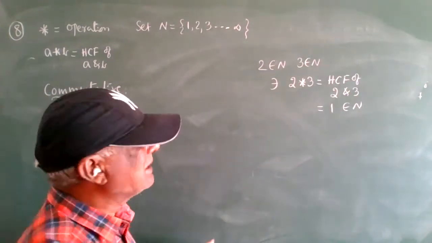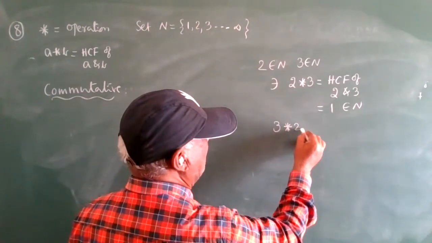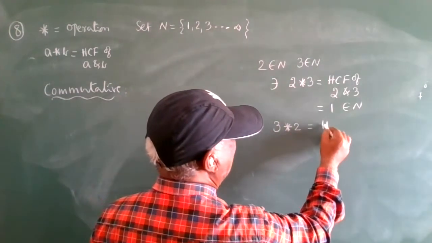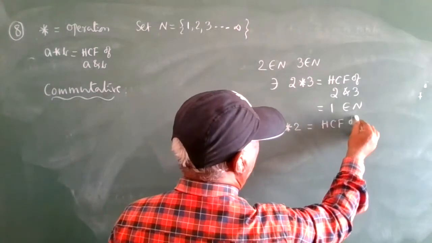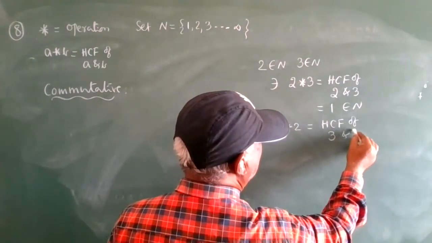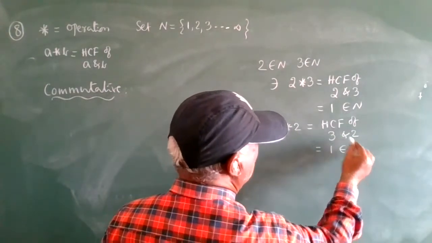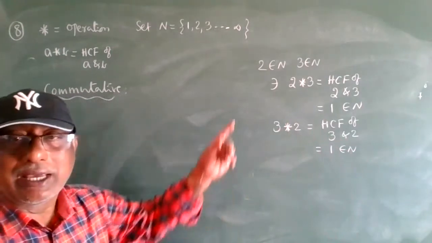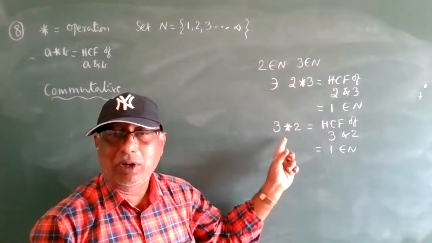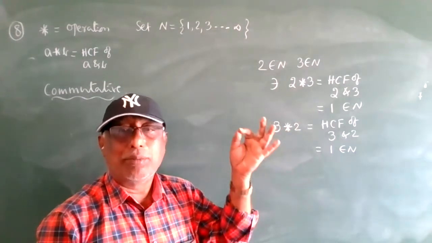Reverse order: 3 star 2, the HCF of 3 and 2, is 1, which belongs to the natural numbers, satisfied. A star B is equal to B star A. Therefore, it is commutative.